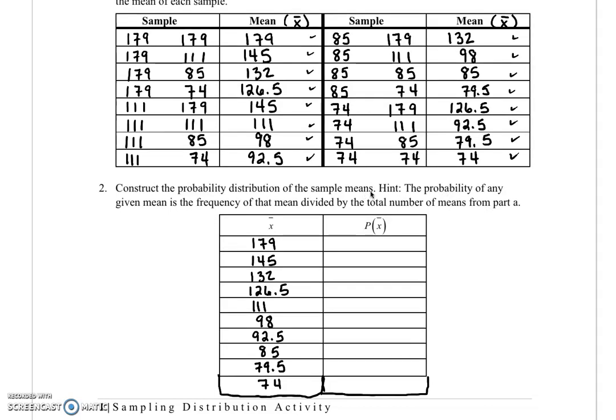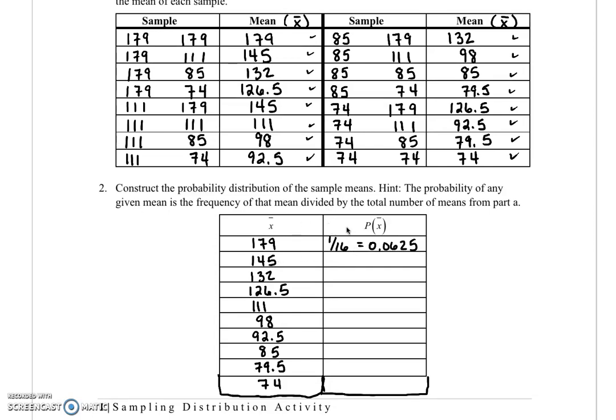The probability is the number of times that mean appears in our question number 1 divided by 16. So 179 only occurs once, so its probability is 1 over 16, or 0.0625. And you can just do that in the calculator.